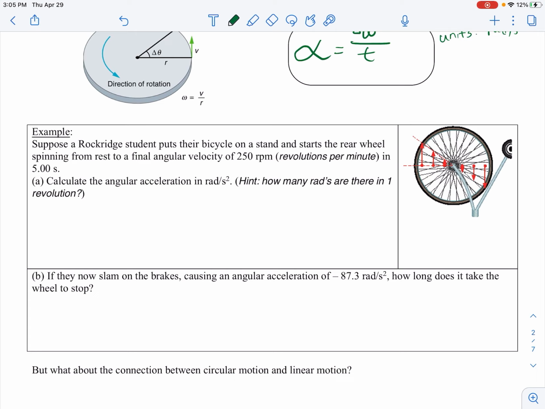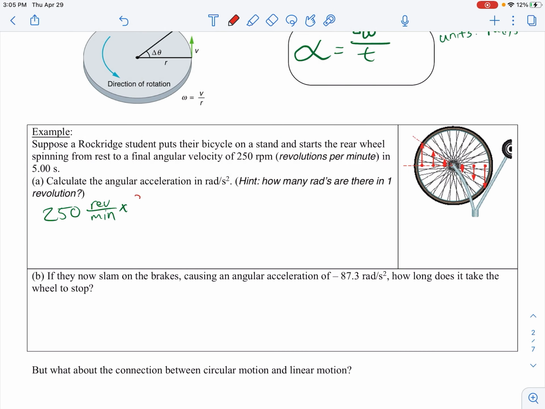So first thing we want to do is see what is the change in angular velocity. We're given 250 RPM, which we can define as revolutions every minute. So 250 revolutions every minute. All right, so let's convert.